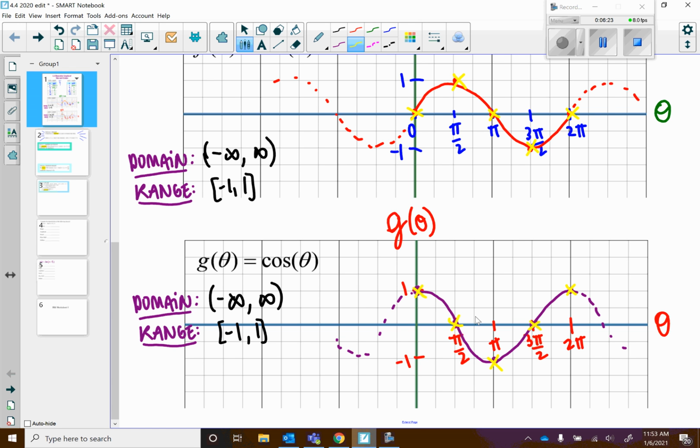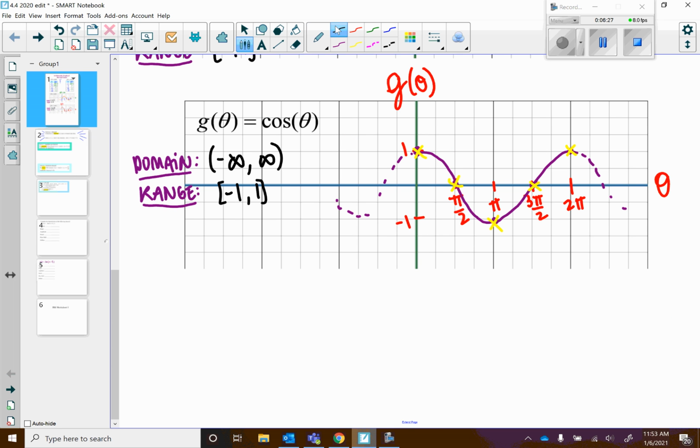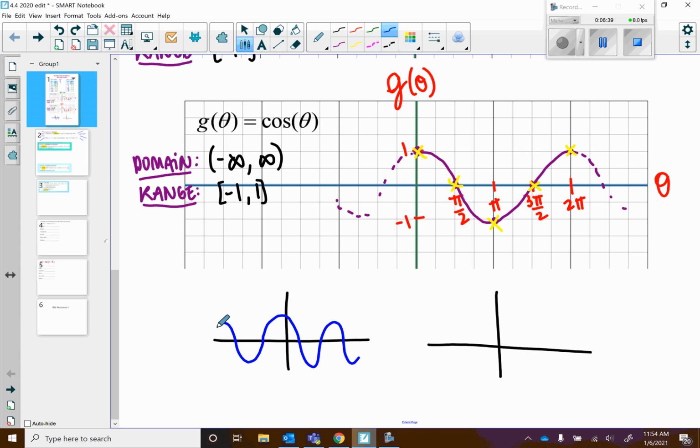And I don't think I talked to you guys about this when we first did our 12 basic functions, but if you are someone who sometimes gets sine and cosine mixed up, which is fair because they are very similar, I'm going to give you one small thing to remember.